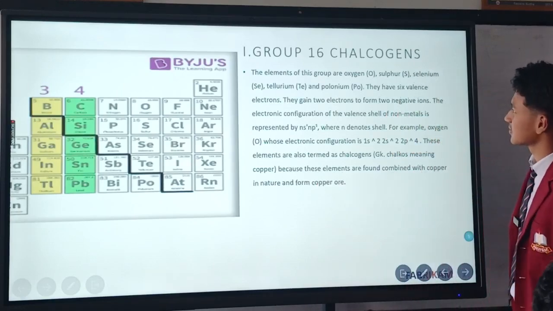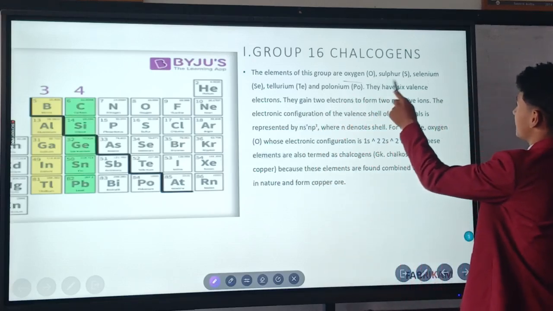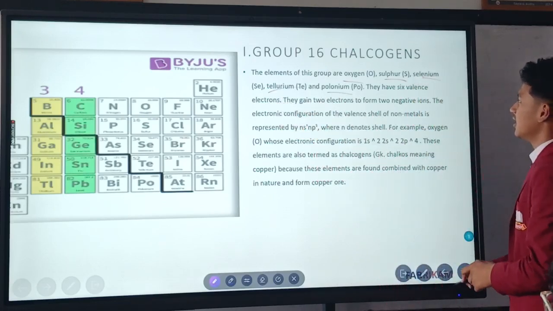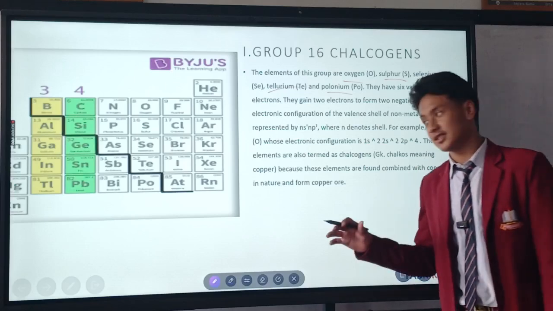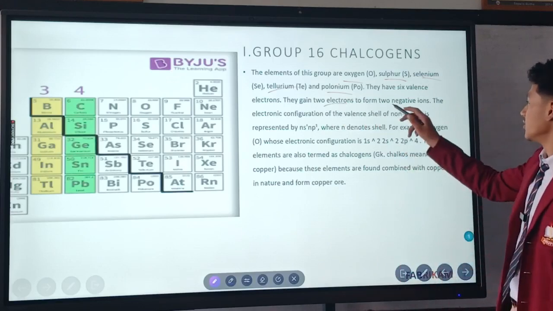So, the elements of this group are oxygen, sulfur, selenium, tellurium, and polonium, and they have six valence electrons. They gain two electrons to form two negative ions.